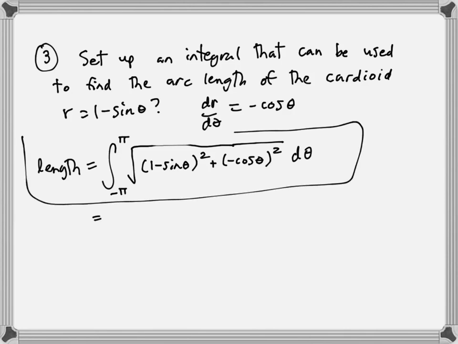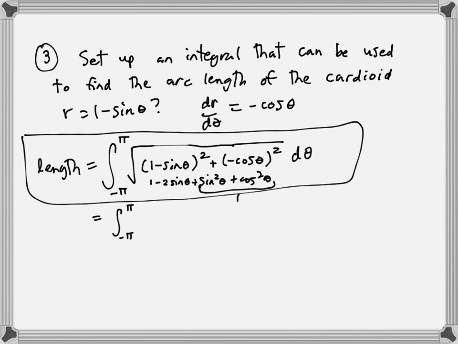I know I said to just set it up and this is the setup, but actually some nice algebra works out here. If you notice, when you square that out and you square this out, this adds up to 1 under the radical. And so what you end up with is the integral from negative pi to pi of the square root of 2 minus 2 sine theta d theta.